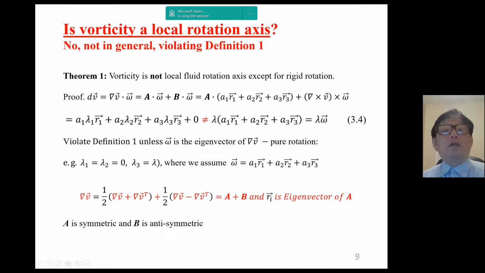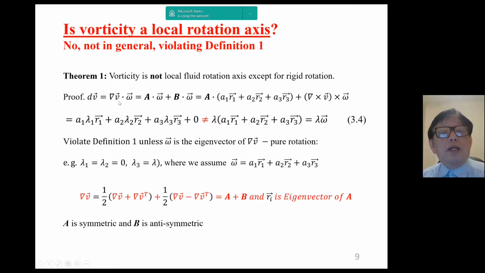How about the vorticity? Well, that's the theorem: vorticity is not the local fluid rotation axis except for rigid rotation. It can be proved easily. Same thing along the vorticity vector: dv is del v dot omega.